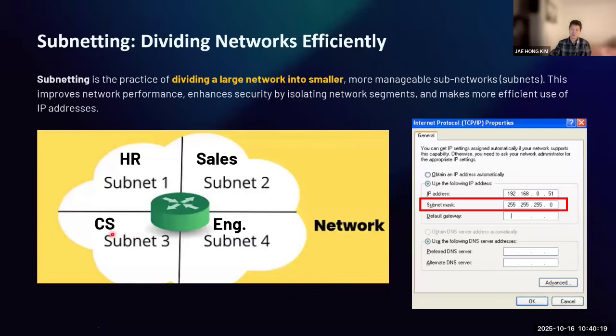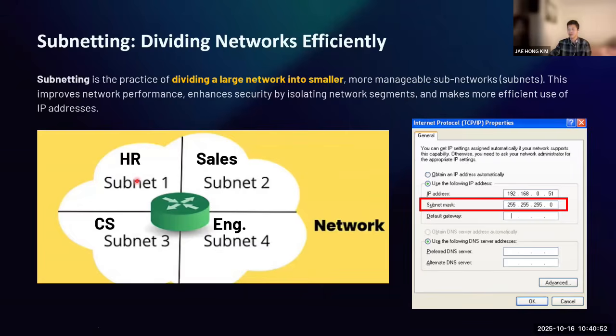Each department is independent. They don't need to communicate with each other. For example, an HR person doesn't need to access the sales database, and the salesperson doesn't need to know the engineers' database. Engineers don't need to know the customer service. So each of them is respectively doing independent work.